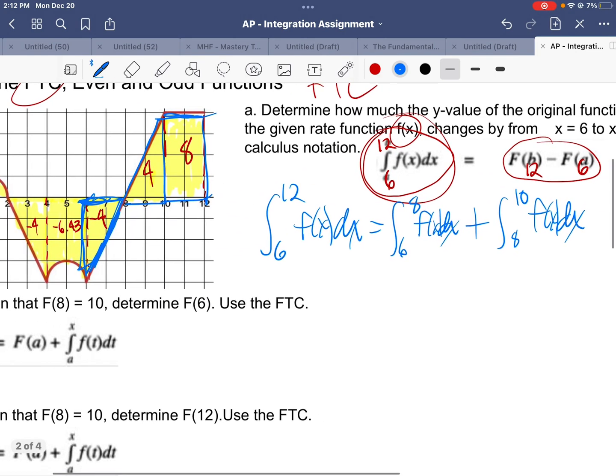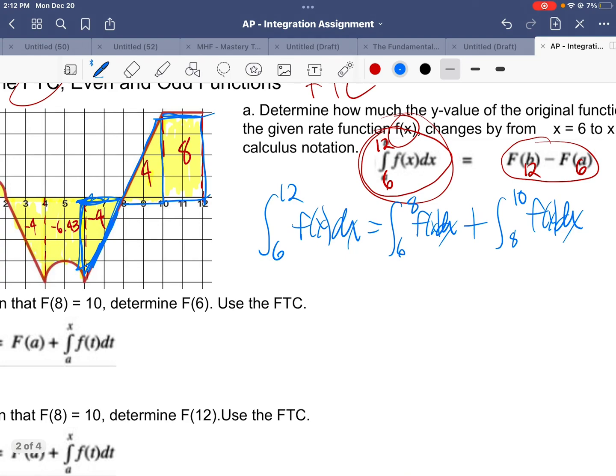And then finally, I have to get the area from 10 to 12.